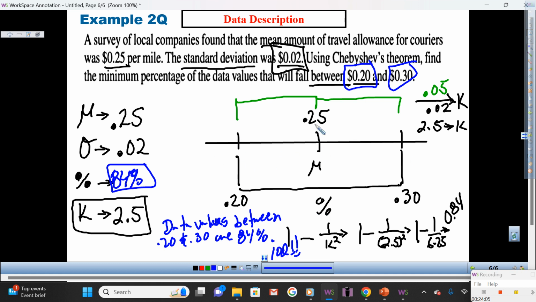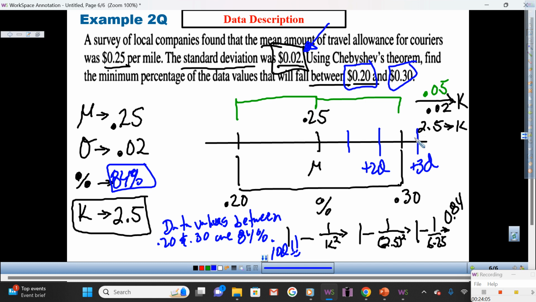Since we didn't know where the end values were in regards to standard deviation, we took the distance from the mean to one of the values, made sure that it was the same distance to the other one, and divided it by the standard deviation, which was 0.02. And that gave us the number of standard deviations. So check this out. Here's one standard deviation, here's two standard deviations, which means the third one is somewhere over here, because we fall in between those two. Is that correct? At 2.5? Yeah.